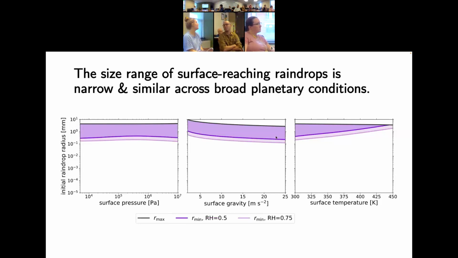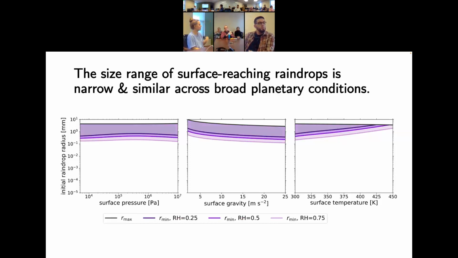This is mostly driven by shrinking the distance between the cloud base and the surface. And finally, I can press a button on my computer to advance the slides. It's not working. Finally, we can also add 25% relative humidity, and we get an even stricter bound.